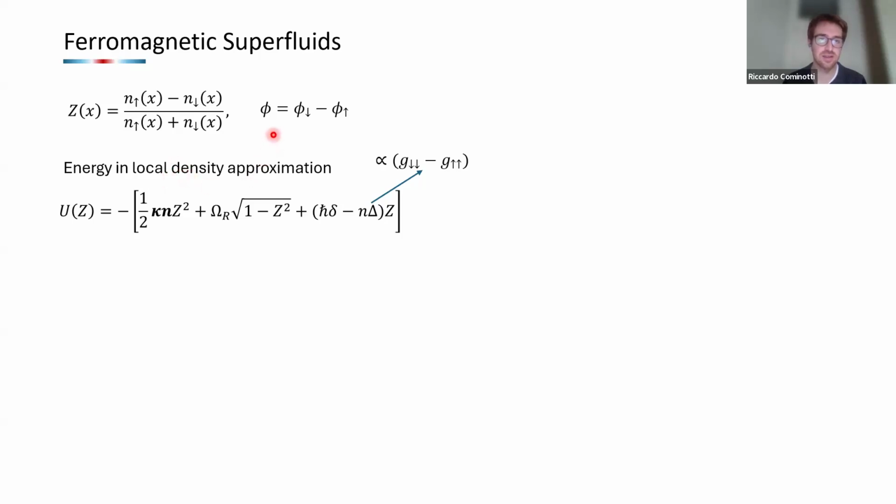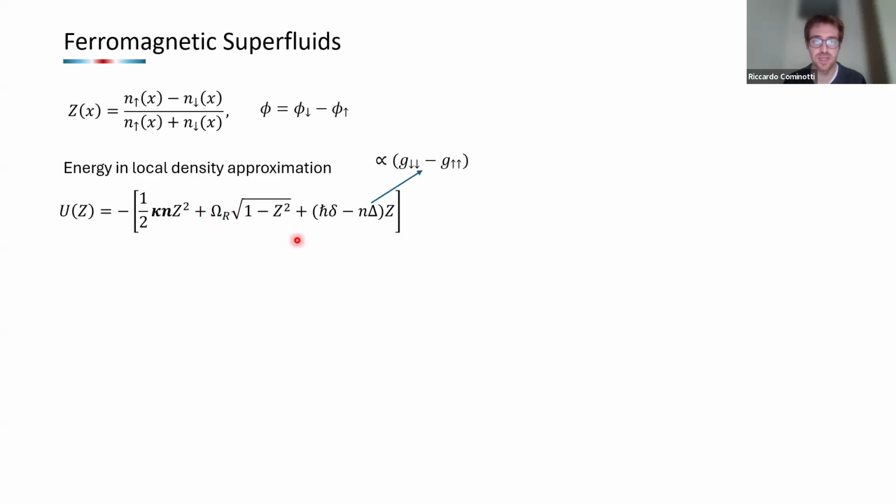Here we neglect the phase because we are interested in working in the ground state of the system, and the ground state of this system is found for a vanishing relative phase. So we see that the energy as a function of Z is determined by different combinations of three parameters. Particularly, we have the spin interaction energy here.